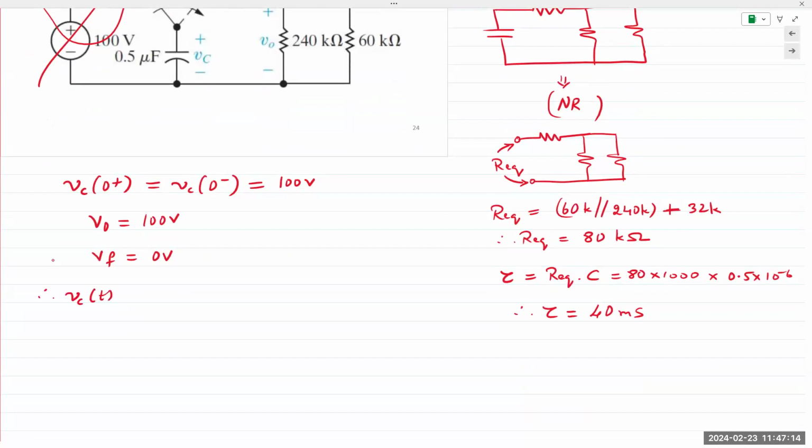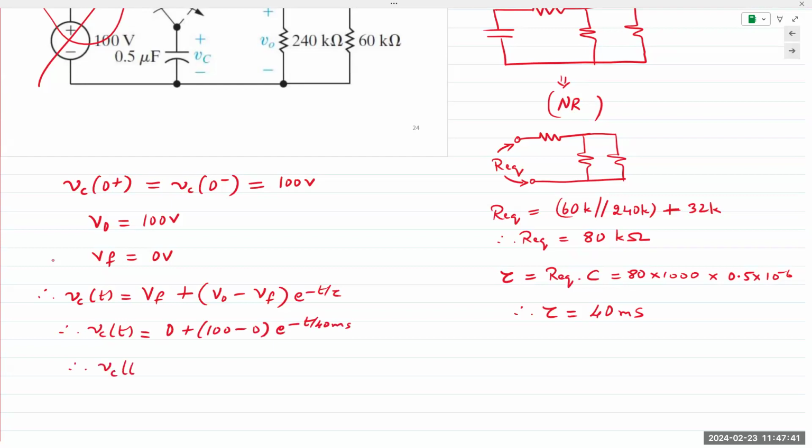So Vc of t is Vf plus V0 minus Vf times e raised to minus t over tau. The value for Vc of t is given as 0 plus 100 minus 0 times e raised to minus t over 40 milliseconds.